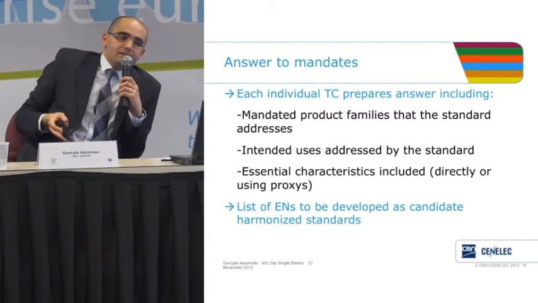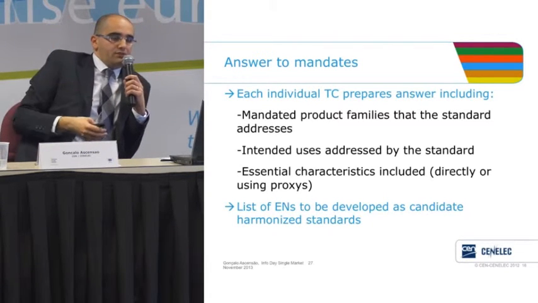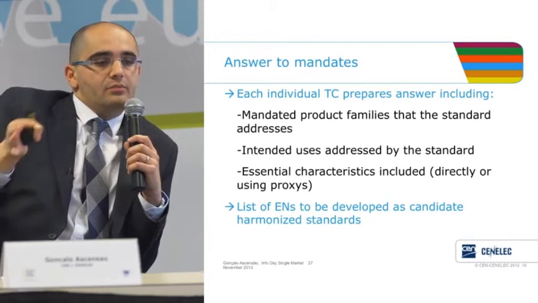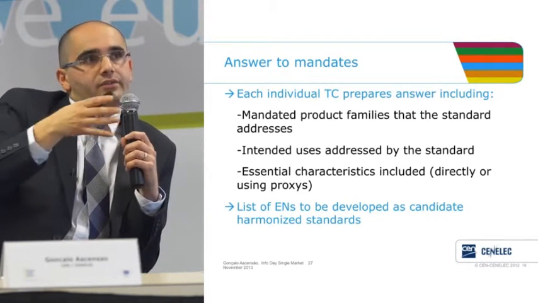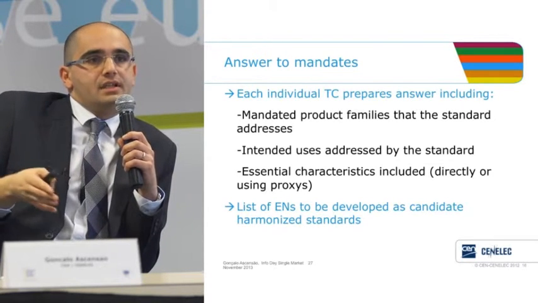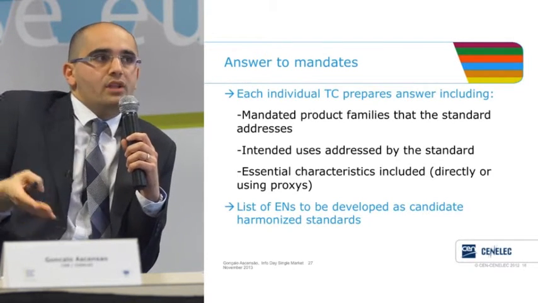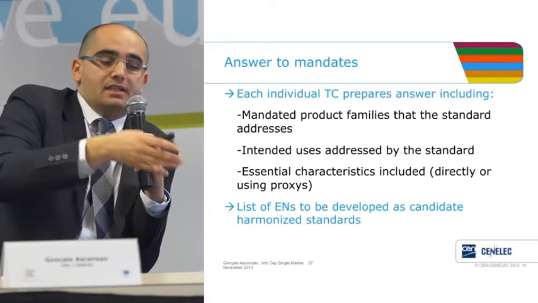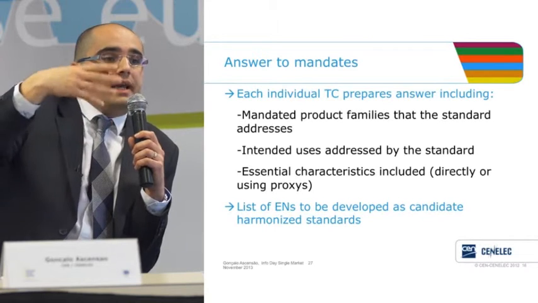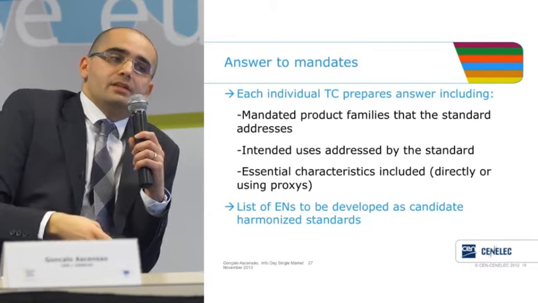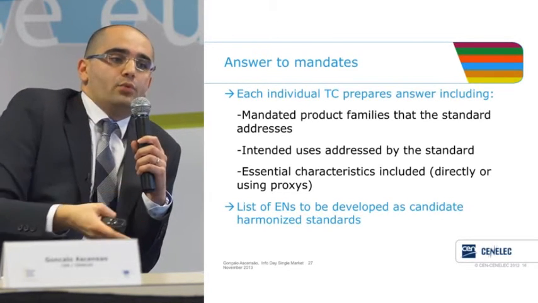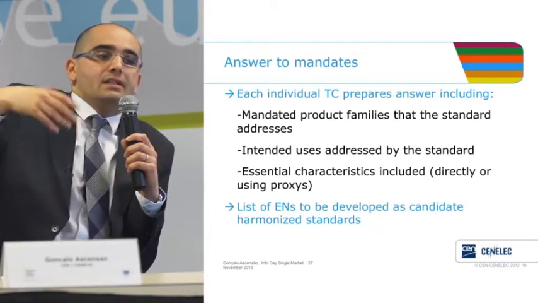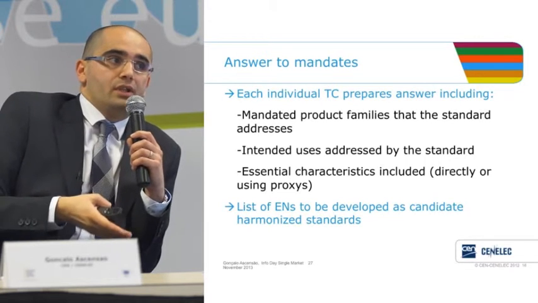How does it work then? We receive the mandate that includes all this information, and each technical committee, in principle, we have a structure of technical committees that is more or less in line with the family of mandates that we have. So some mandates can affect several technical committees, and each technical committee has to prepare an answer to the mandate. So it indicates what the product families are that the standard addresses, the intended uses, and the essential characteristics that will be included in the standard.